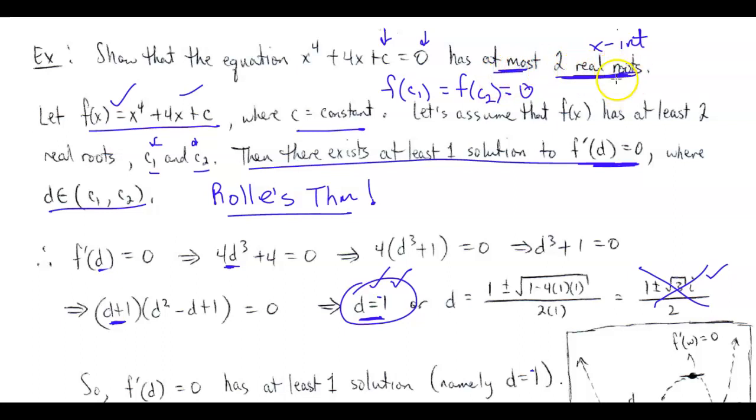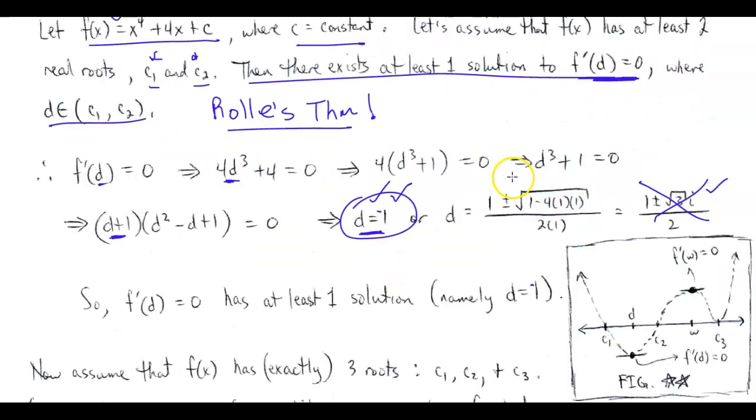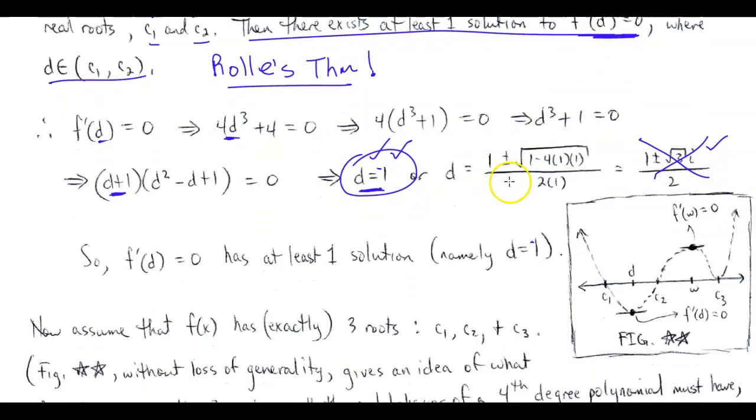Now, I have not established that I have at most two real roots. I've just established that I have at least two real roots, okay? And so I'm going to write that in here. Therefore, we have at least two real roots, okay?